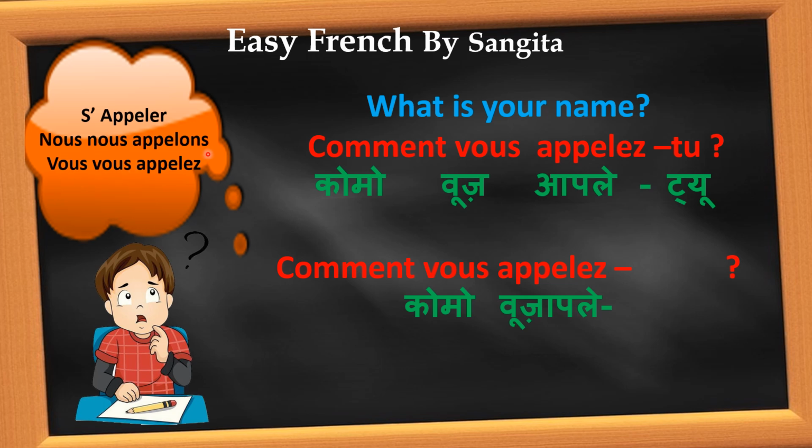Nous appelons, vous appelez, right? So the conjugation matches the vous form. So comment vous appelez, and you will remove this tu and put a vous over here. Now it's correct. Comment vous appelez-vous? Means what is your name?